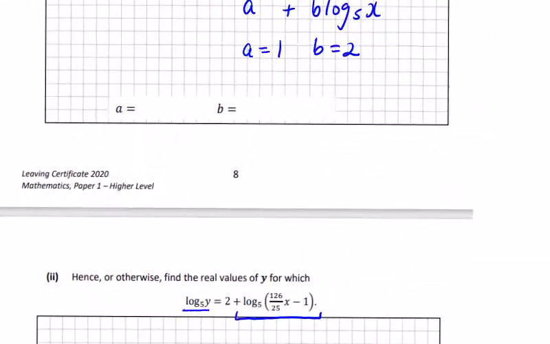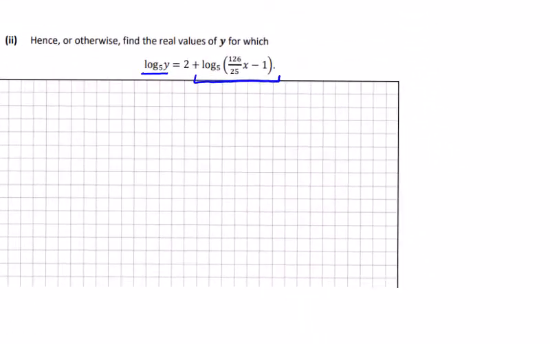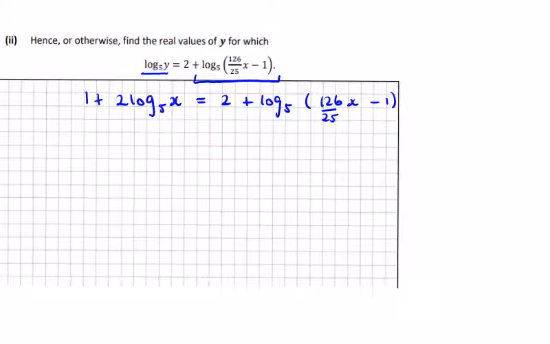So the log to the base 5 of y is this guy that we just got, 1 plus twice the log to the base 5 of x has to be equal to 2 plus log to the base 5 of (126x over 25) minus 1.